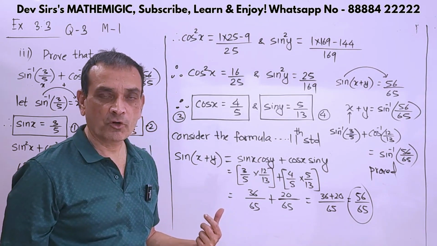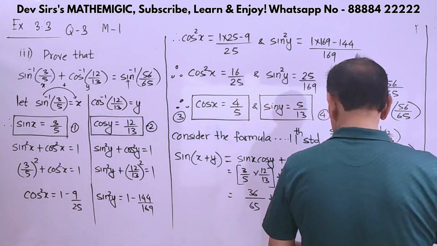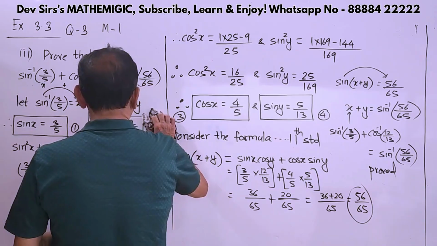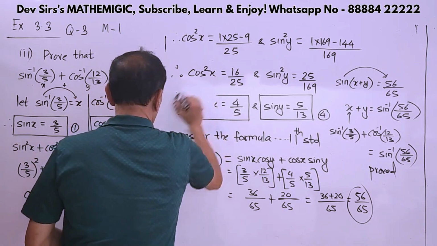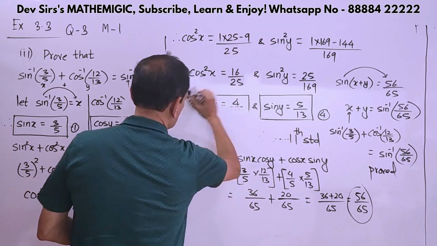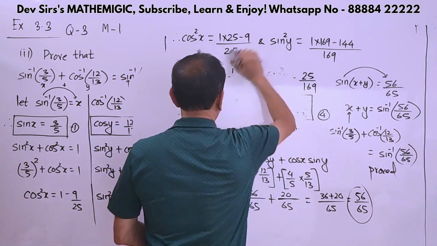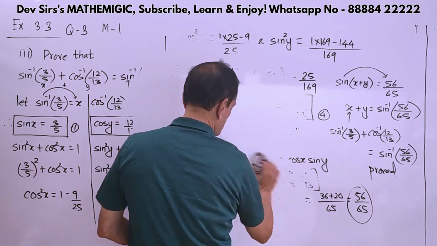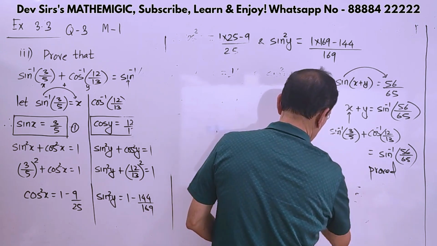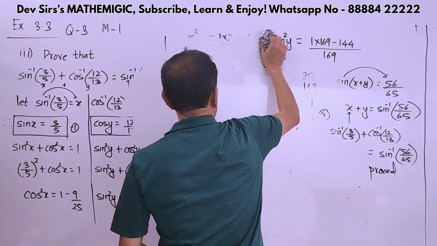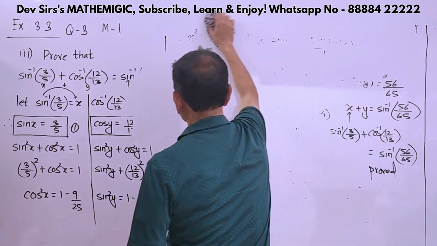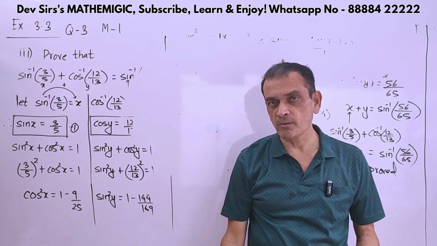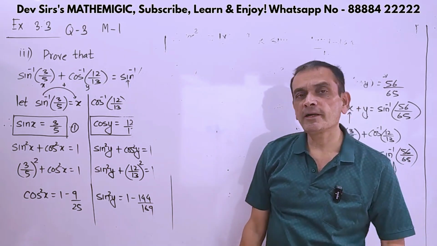So this is the first type. Followed? Let's see the next type. This type is over in 10-12 minutes, and another type will take 10 minutes more.